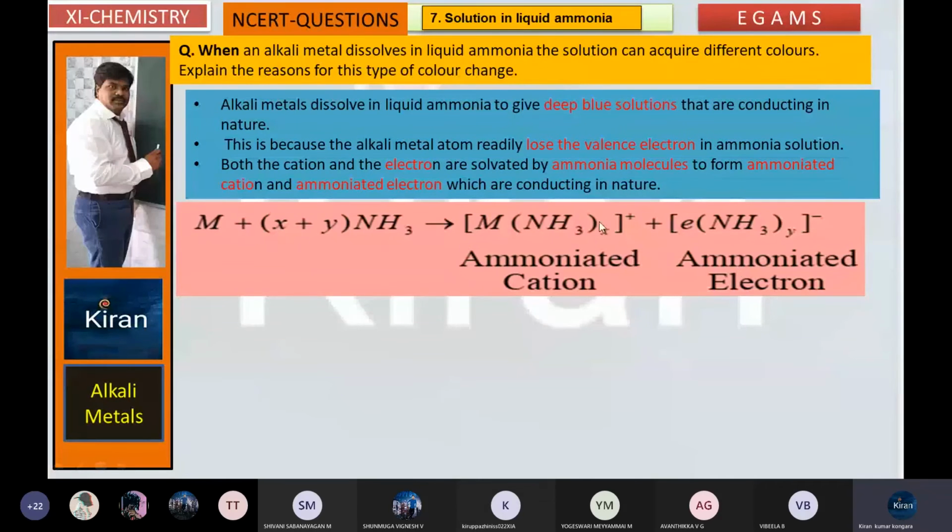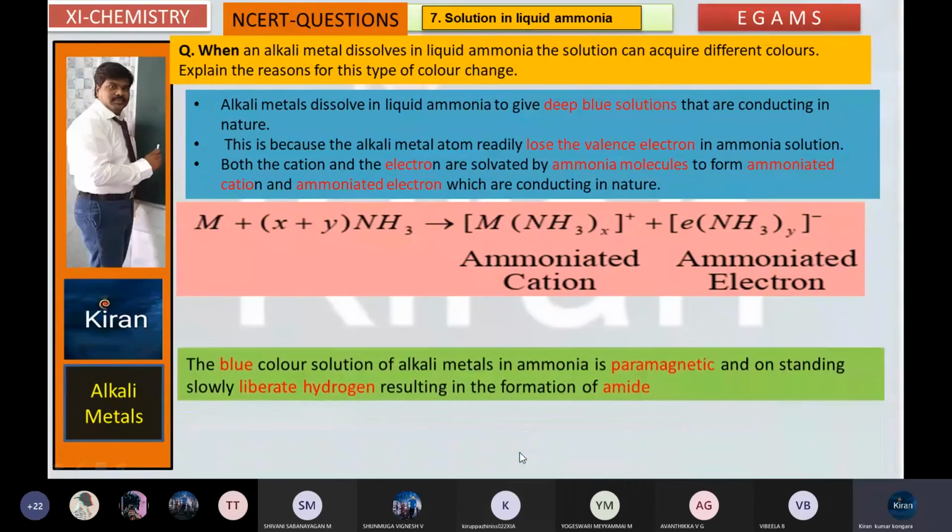These two species are formed when a metal is placed in liquid ammonia. Because of the formation of these two, the entire liquid changes into blue in color.